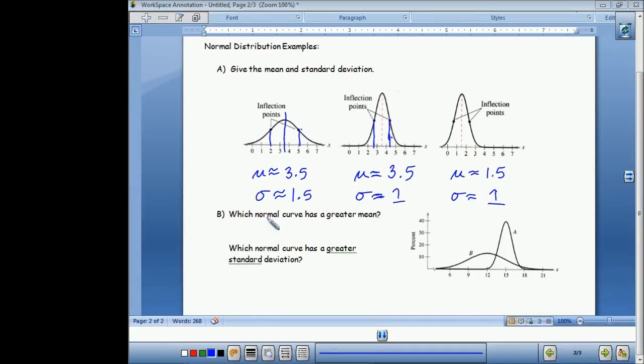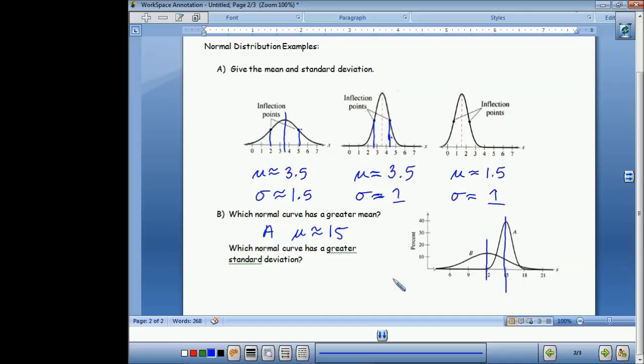And when the mean shifts, it shifts left or right. Okay, so in B, which normal curve has a greater mean? The mean would be here, and the mean would be here. That's where our line of symmetry can be drawn. So I would say that A has the greater mean. The mean is approximately 15. Which normal curve has a greater standard deviation?